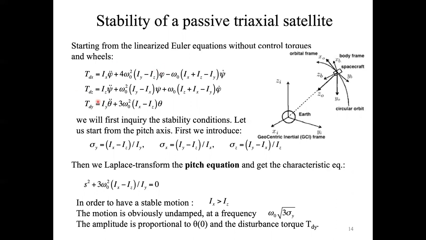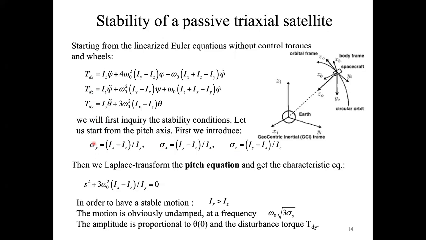Let's start to analyze this dynamical system. As I said, what we are going to start with is the pitch dynamics. Before going to each single equation, an additional representation that is usually used is the coefficients sigma y, sigma x, and sigma z.